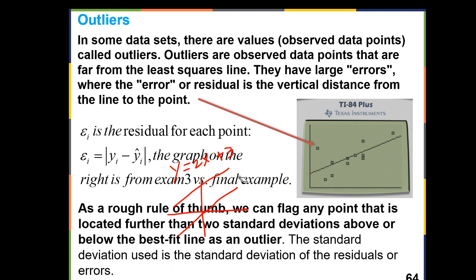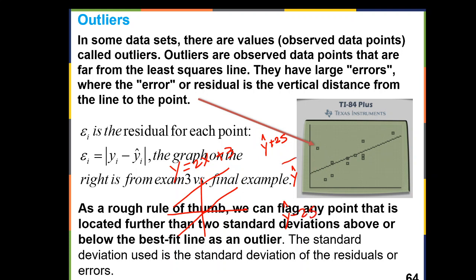So what I'd like to have is a line that is 2 standard deviations above this line. We know this line is y hat. So 2 standard deviations above it would be y hat plus 2s, and 2 standard deviations below it would be y hat minus 2s.